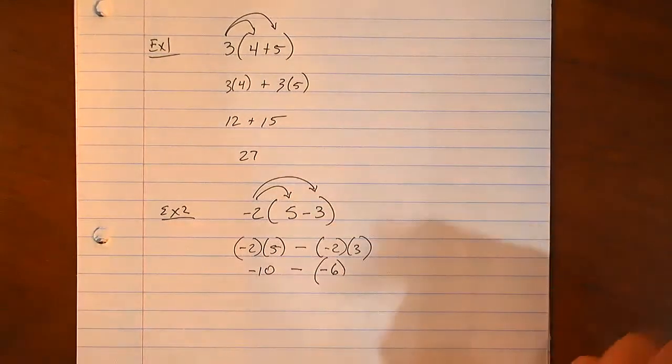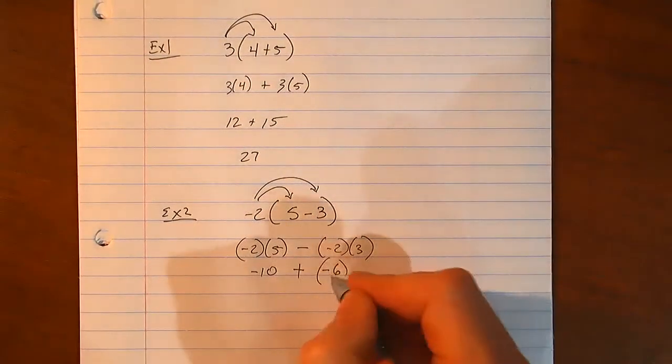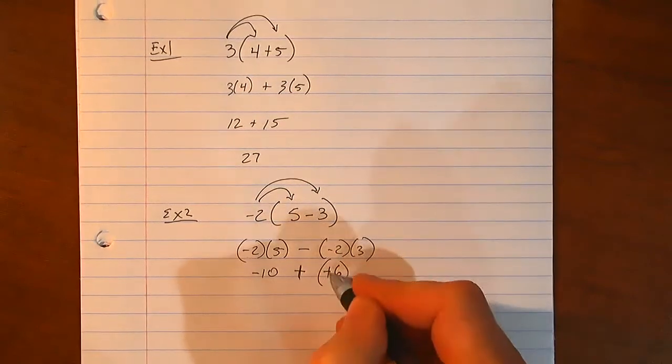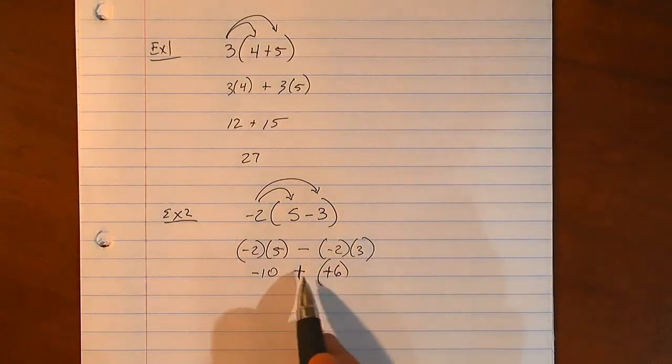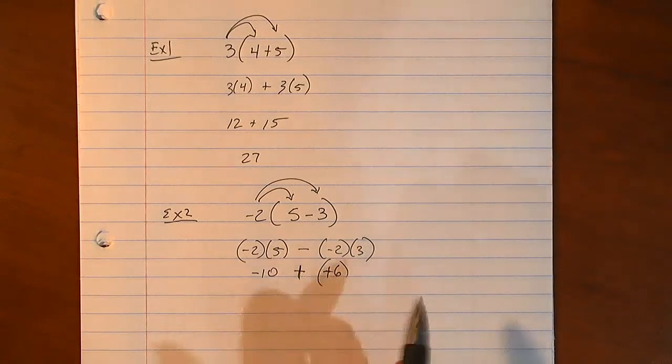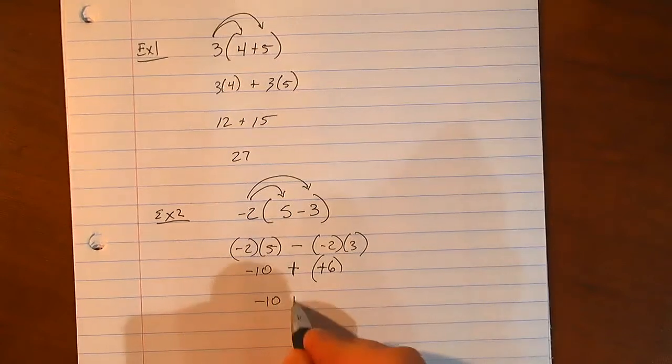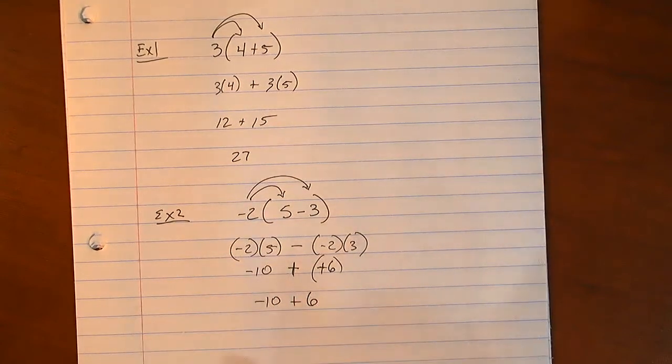So we've got middle school teachers in our district who like to go chum chum, or some will say change, or chum chum boom boom, or however, whatever. But the bottom line is those signs are going to change when we subtract a negative. And so I end up with a -10 plus 6, which will equal -4 for my final answer. Okay, so that's the distributive property over subtraction.